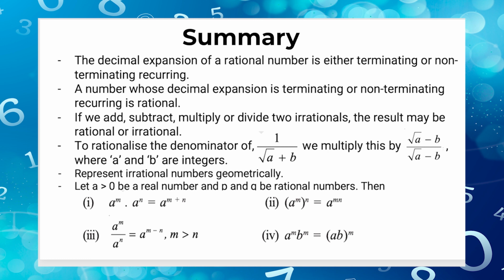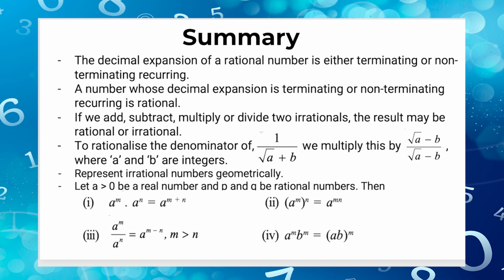If we add, subtract, multiply or divide two irrationals, the result may be rational or irrational. To rationalize the denominator of 1 by root a plus b, we multiply this by root a minus b upon root a minus b, where a and b are integers.